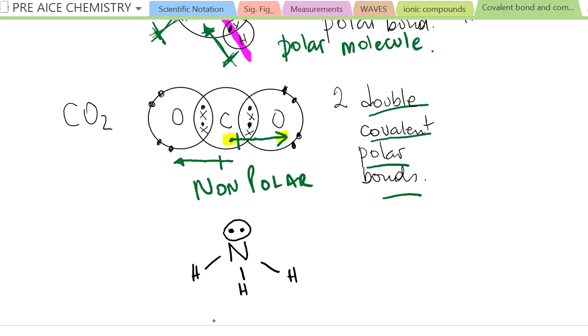So what do you think is going to happen? First of all, are the bonds between hydrogen and nitrogen polar or non-polar? Polar. So this is polar, so it's going to have a polar moment here, a polar moment here, and a polar moment here.